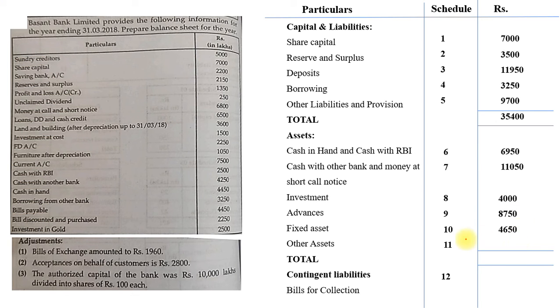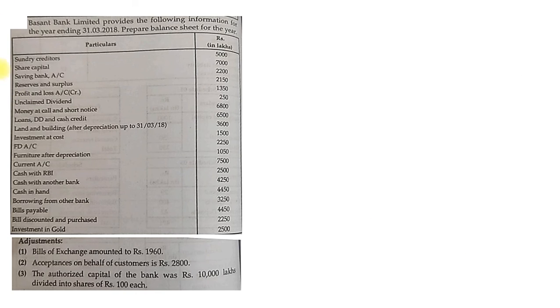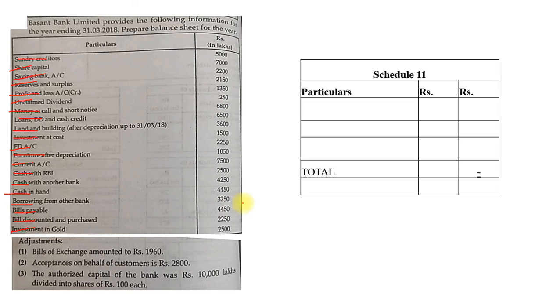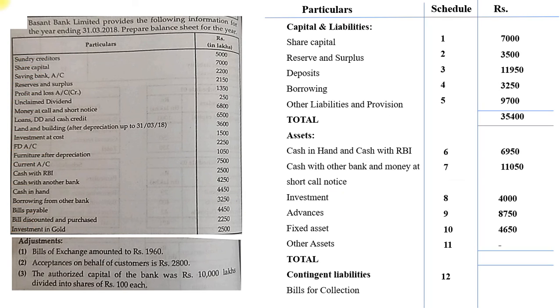Now, if you look carefully for other assets, let's check here now. Done. Whatever is pending, if you cross it out, I guess we have covered up furniture. Yes. Chalo, everything has been covered up. So there is no other assets pending here now. Okay, so there is basically no other asset under schedule 11. So schedule 11 is nil. When you total it up, it will come to the same value.